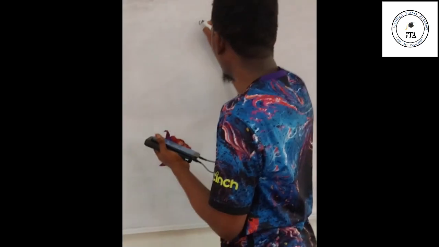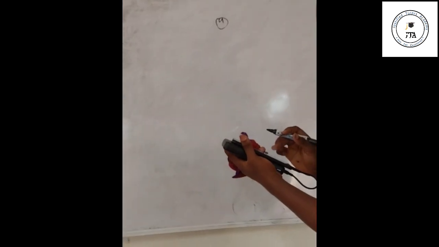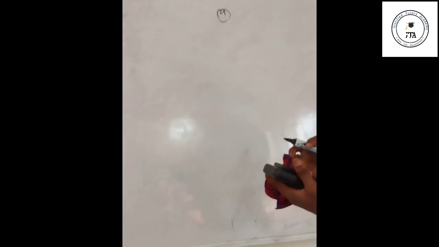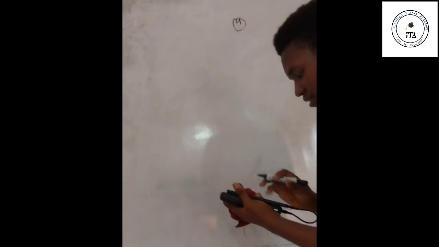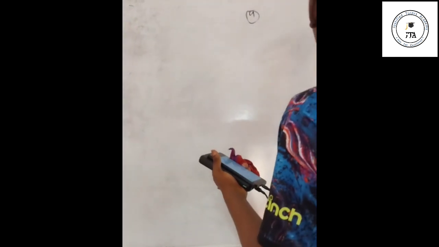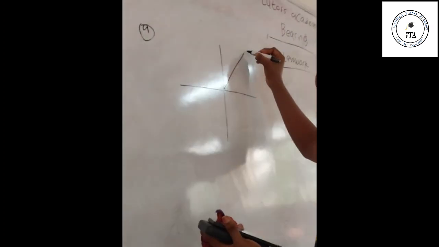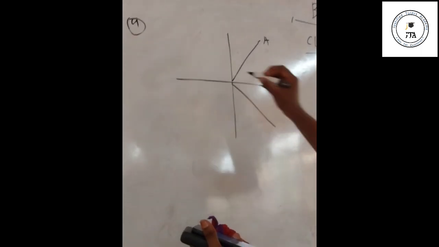The next example says, in the figure below, find the bearing of A, B, C, and D from X. Are you getting me? From X. Now, this diagram looks funny. Look at it here. I'm giving A. You already know where they are.